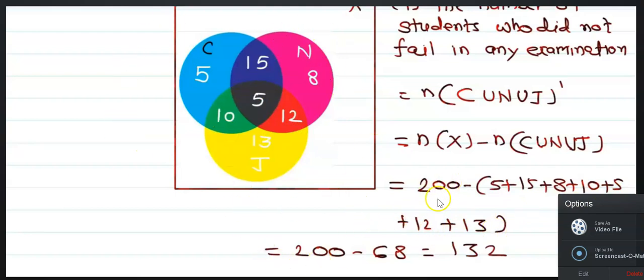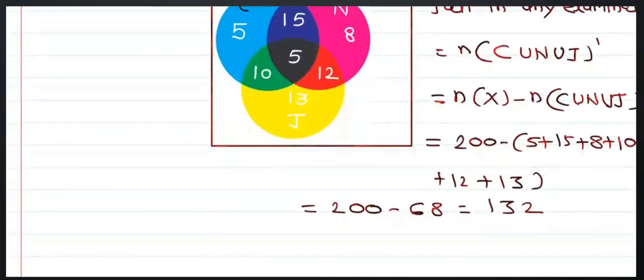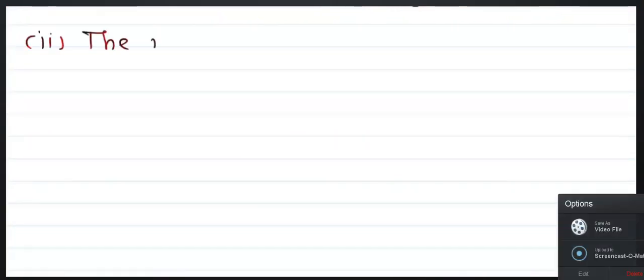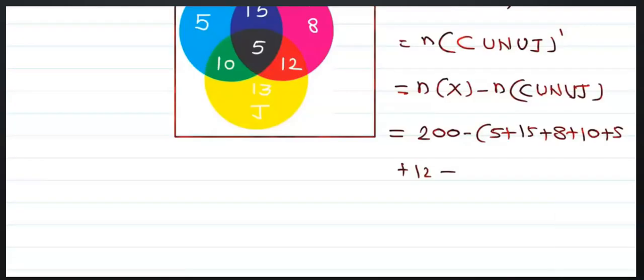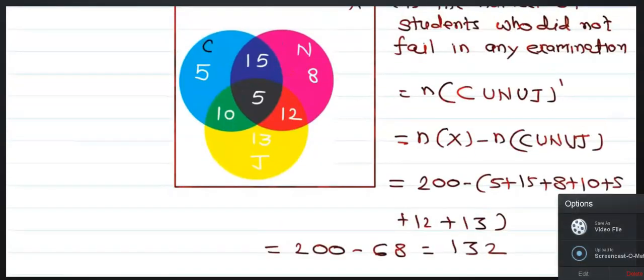If we subtract from 200, then we will get the pass candidates. The final answer is 200 minus 68, that is equal to 132. These are the students who do not fail in any examination.